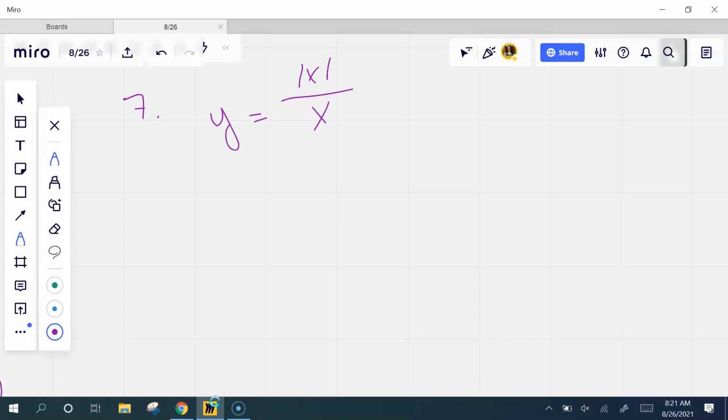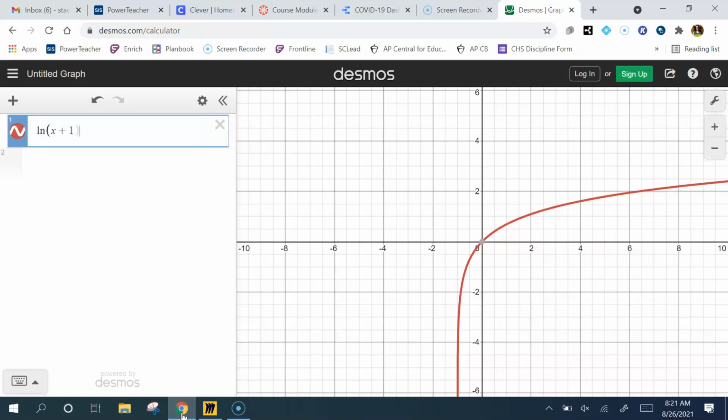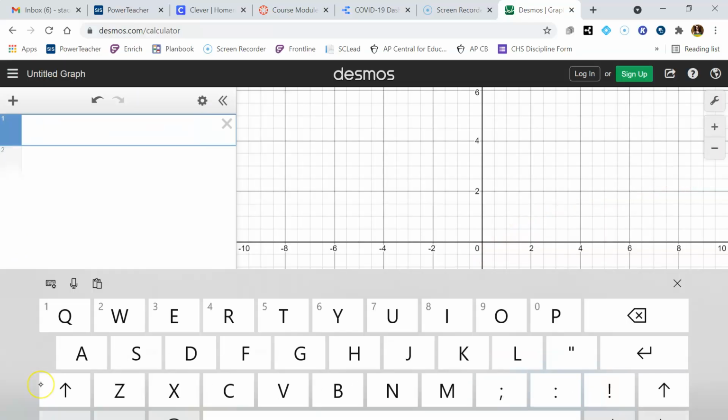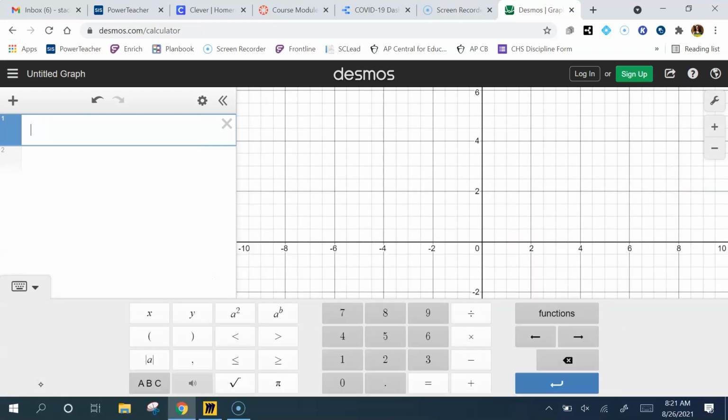And what should be happening here? It should be some type of discontinuity, right? Because x cannot equal 0. If it were a polynomial over a polynomial, we would automatically say that was a vertical asymptote. But because of that absolute value in the top, this is not something that I would expect you to do without a calculator.